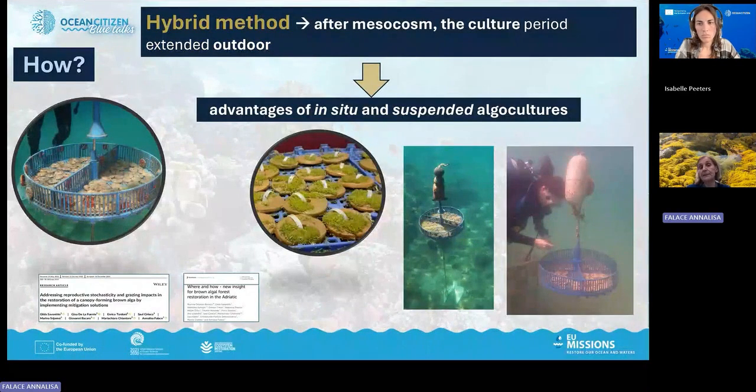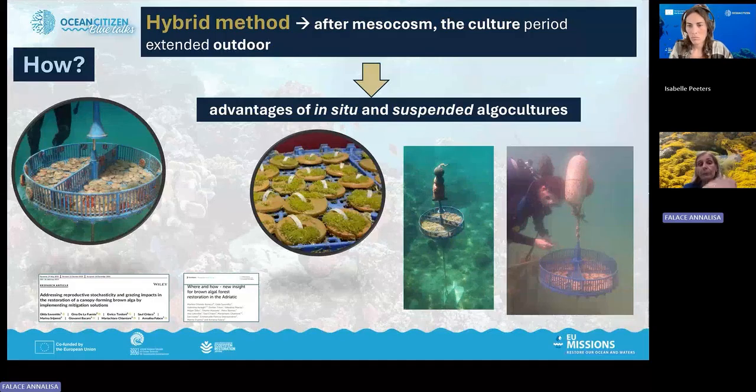We evolved this method that we call hybrid method. It means that after a few weeks, 7 or 10 days in the lab, we transport the tiles with the embryos and seedlings in the field, and we continue in the field in suspended aquaculture. This is because the laboratory phase is very challenging.